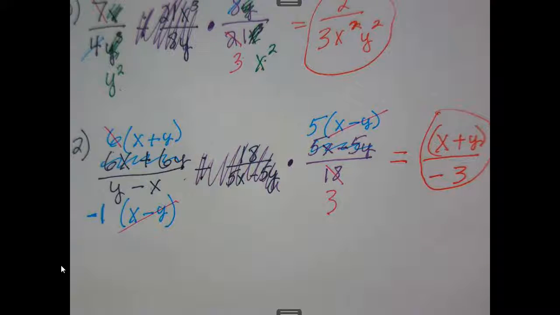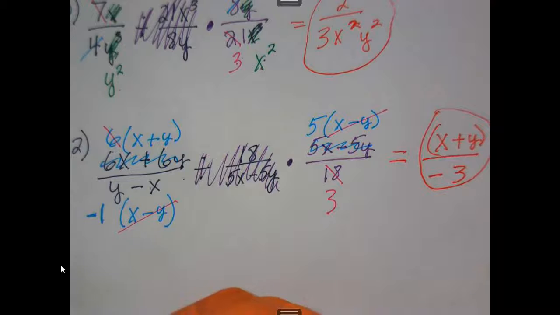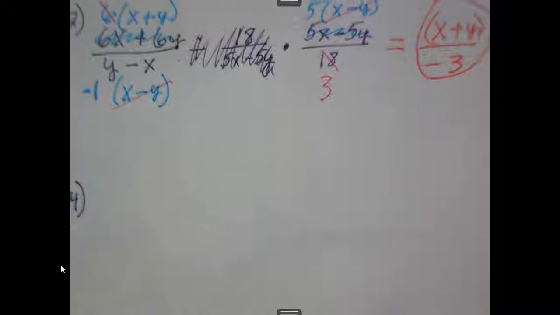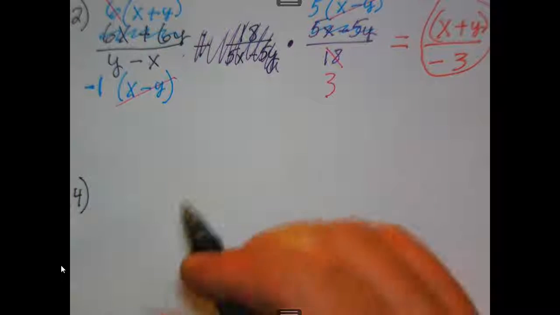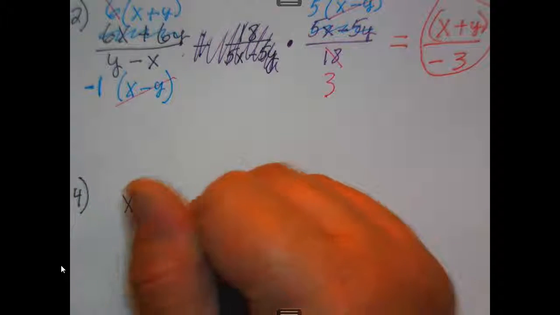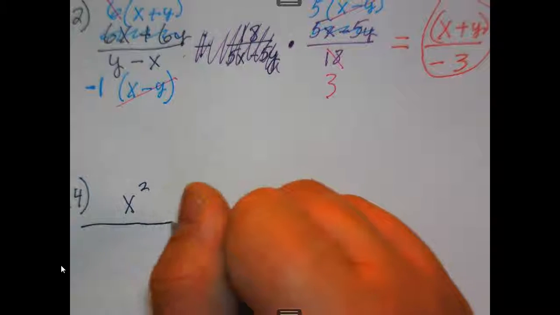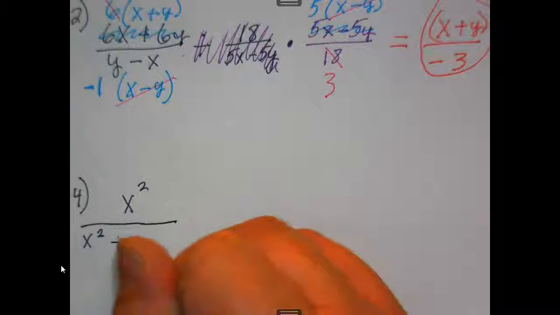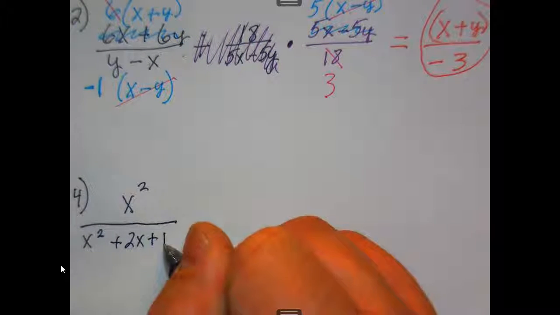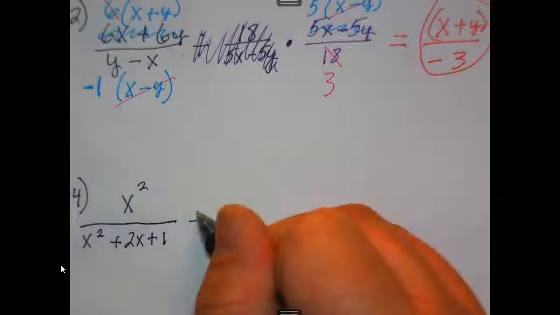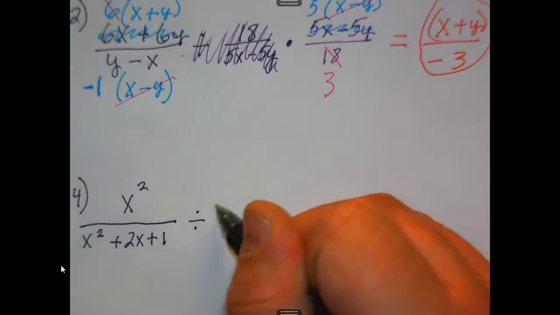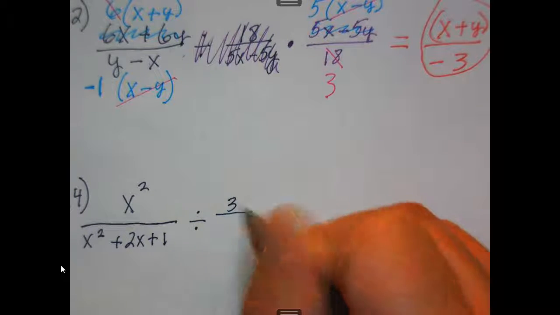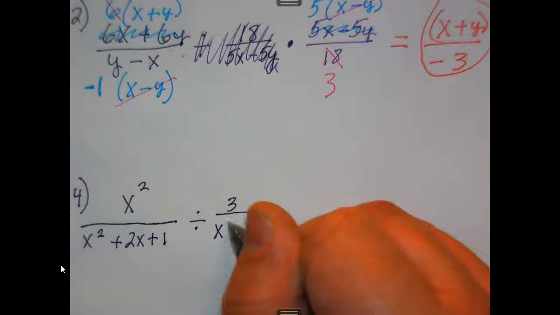And 24. I have x squared over x squared plus 2x plus 1, divided by 3x over x squared minus 1.